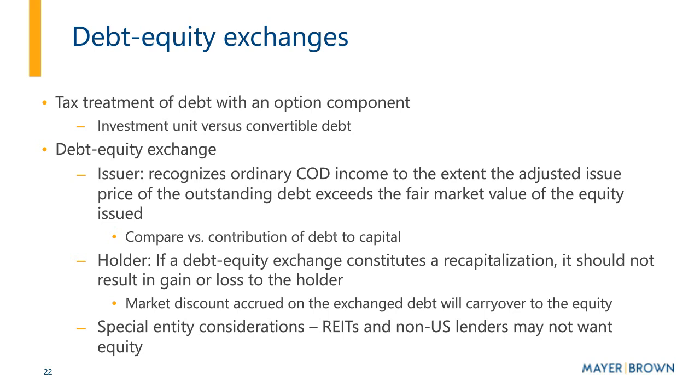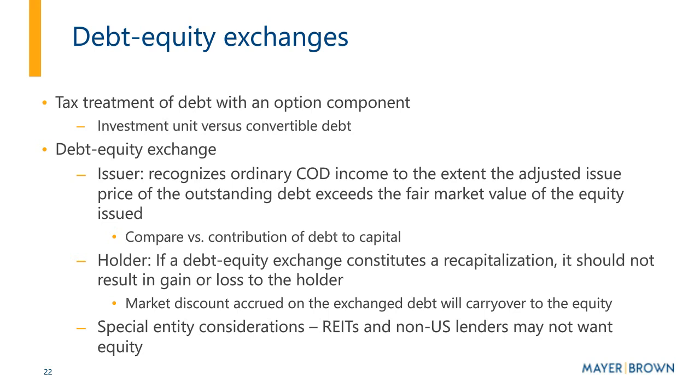So on the debt equity exchanges, if we do a more simple scenario where you've got debt and it's being exchanged for equity, COD income, we talked about that earlier on the issuer side. If it's an actual exchange, you calculate COD income by looking at the fair market value of the equity that's issued and compare that to the debt to determine the extent of COD income.